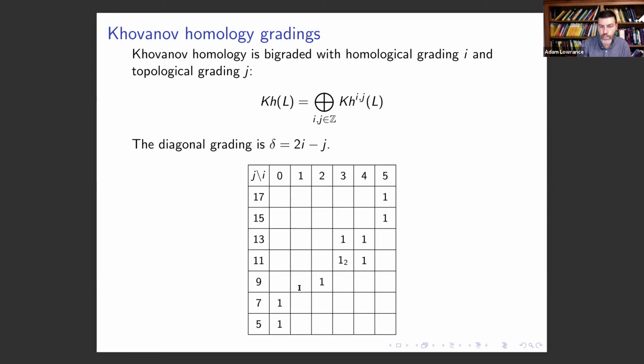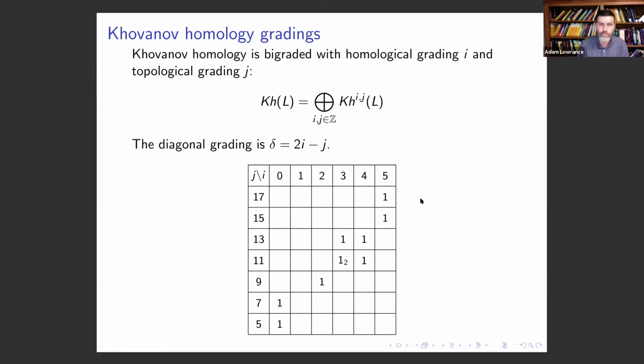The entries in the grid that are just integers are the ranks of the free part in each summand, and an entry that has a subscript is telling you that this is one summand of Z mod 2Z. I think this is the positive (3,4) torus knot.